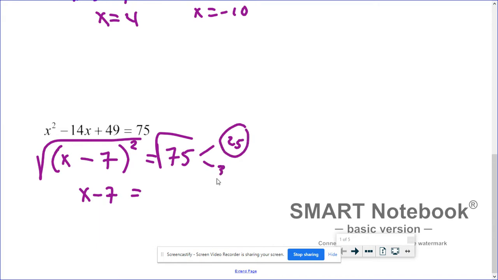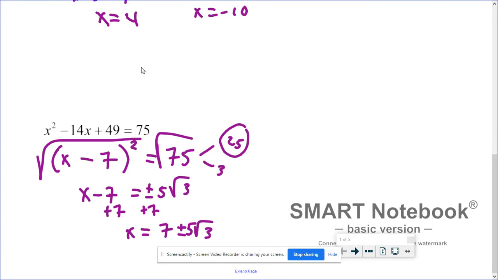So that will come out, the 3 will stay. So you end up with plus or minus 5 square root of 3. When I add 7 to both sides, I'm just going to leave it written like this, where x is equal to 7 plus or minus 5 square root 3. Just understand that means two different solutions, 7 plus 5 square root 3 and 7 minus 5 square root 3.